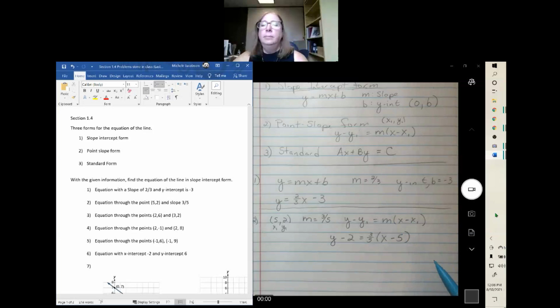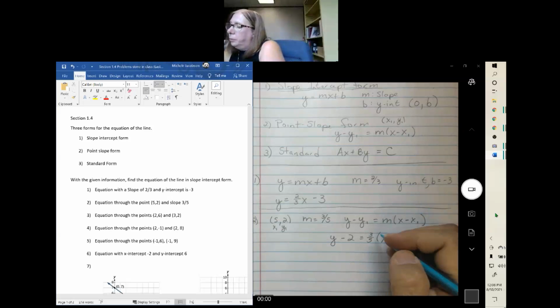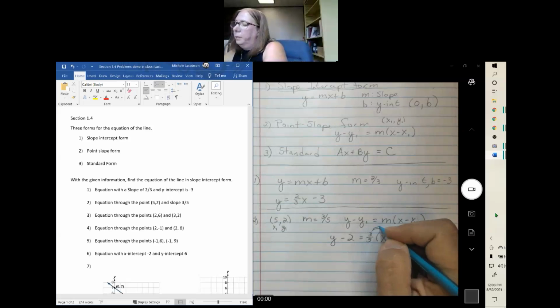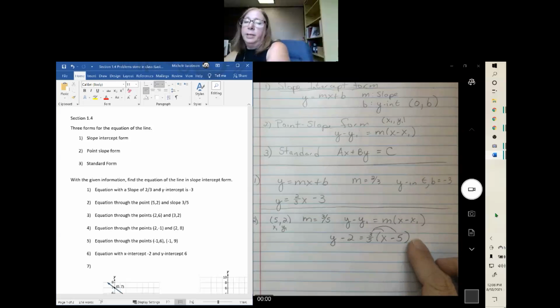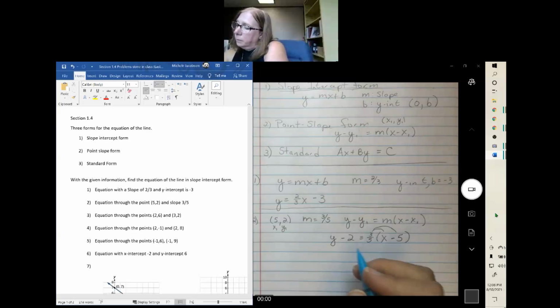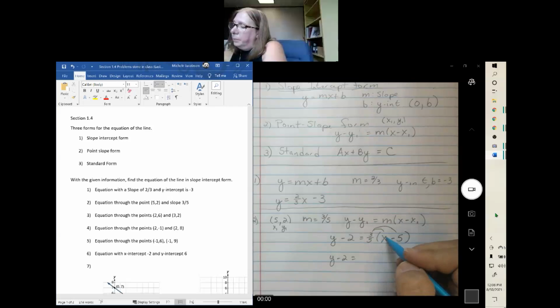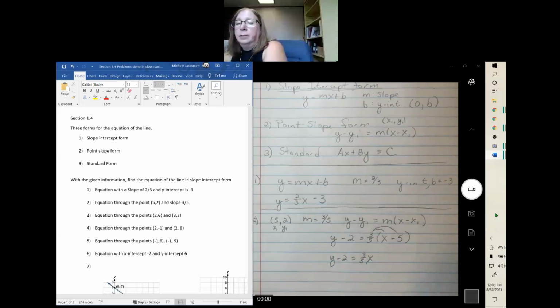Depends on what they're asking. I asked for slope-intercept, which means you want to solve for y. So we first need to distribute this 3/5, and then we'll have to add the 2 to the other side. Distributing 3/5 times x is 3/5 x.